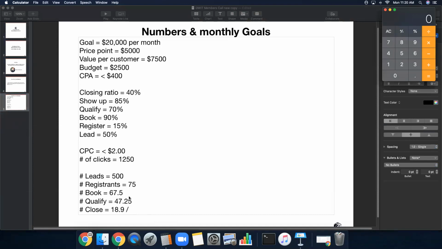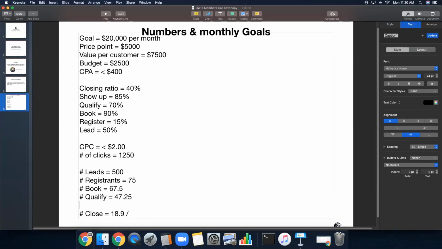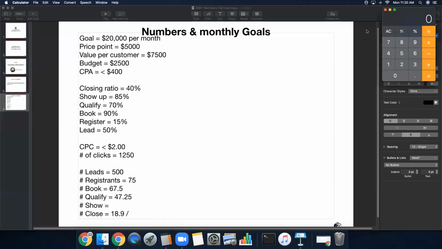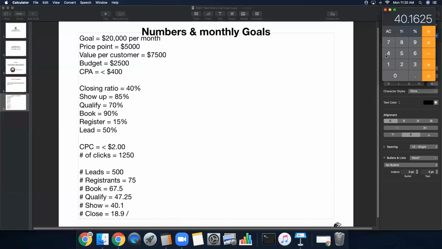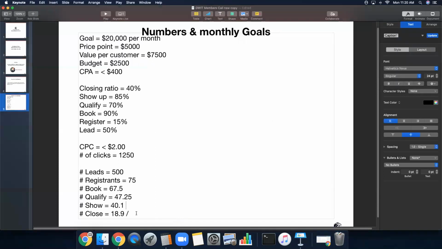Hold on, we have book, qualify, show, number show. Did not want to forget that one. Okay, so we have 47.25. Let's just pick it up from there, times 85%, so that's 40.1. Okay, and then we have how many of them actually close. We're looking at 40.1 times 40%, 16.